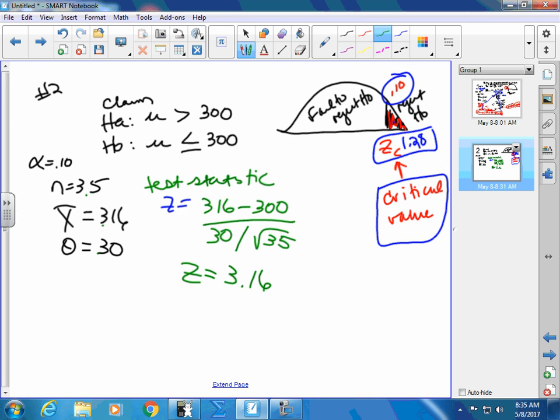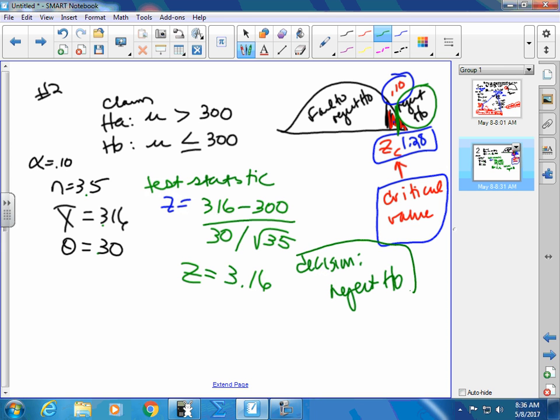Okay, now I go to 3.16 and I don't have to look up the area for this because I'm doing a z-score test. I look over here. This is my cutoff. Does 3.16 come to the left or to the right of 1.28? That's right. To the right, it comes over here. What area did it fall in? HO. So my decision is reject HO.